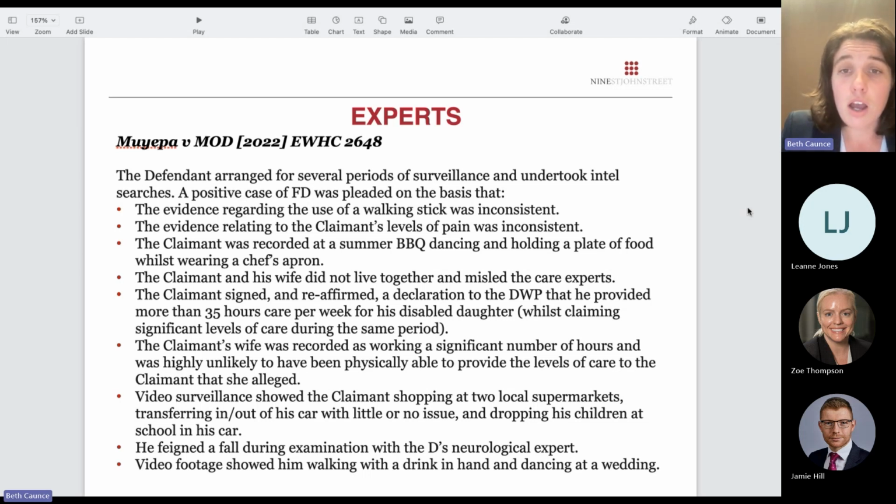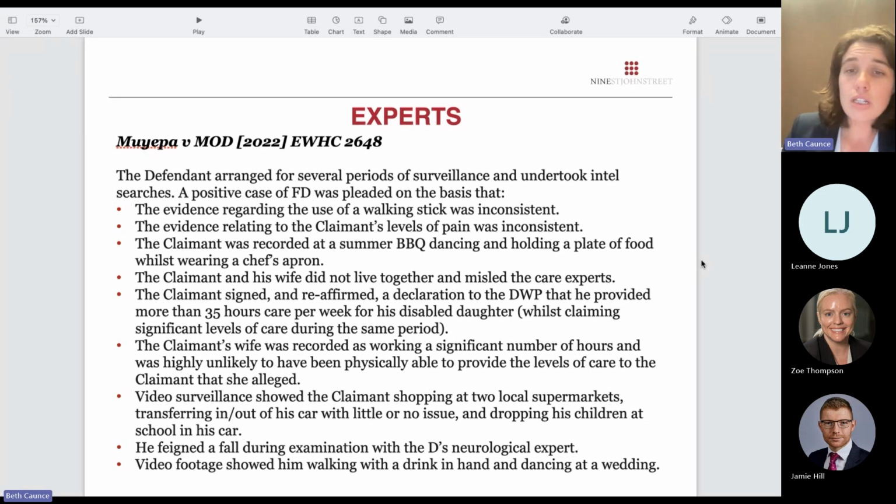The evidence regarding the use of him using a walking stick was inconsistent, and he was recorded at various times dancing and walking without the use of a stick. What also became clear was that the claimant and his wife did not in fact live together, and so when pursuing this fairly substantial claim for the care that was allegedly being provided by the wife, this was found to have misled the care experts.